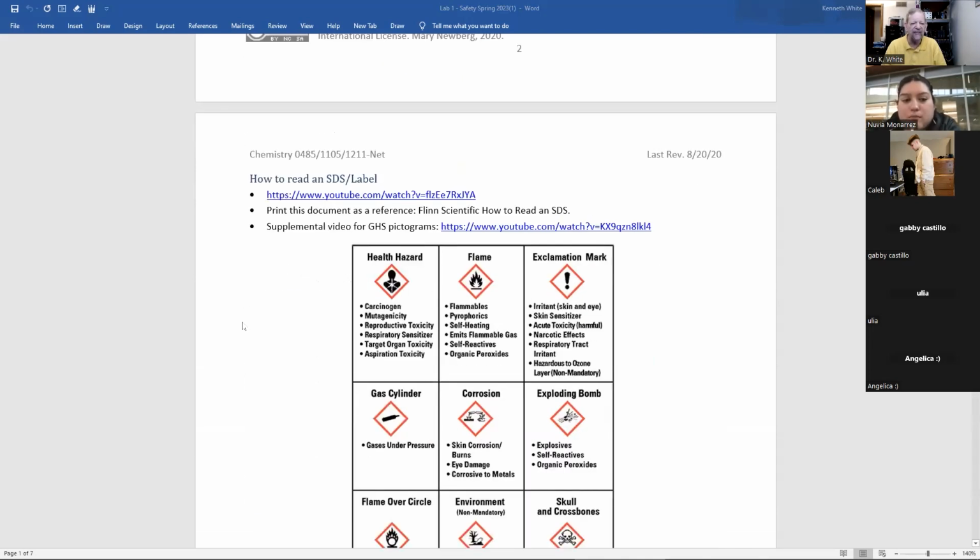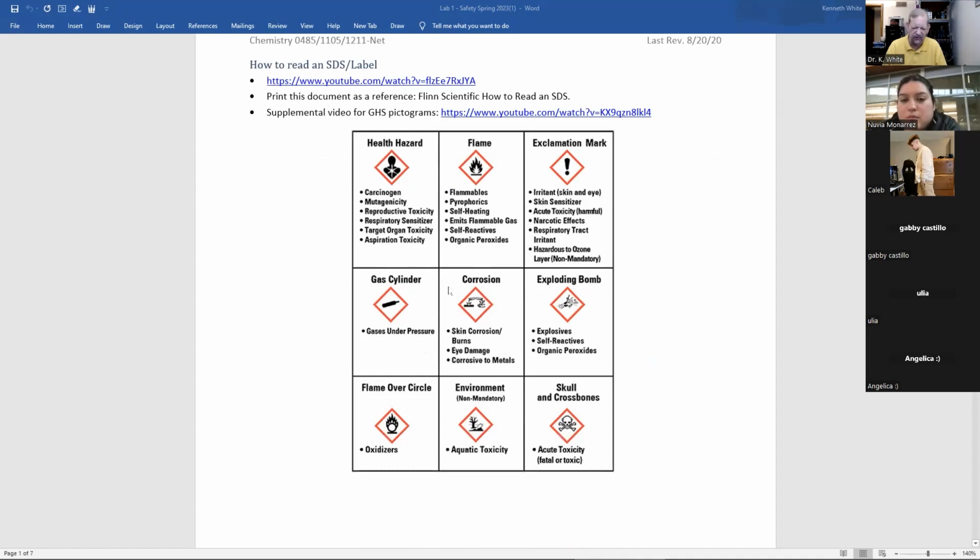Now, here we have the different labels that you can find on the SDS. I also use the old term, which is MSDS. SDS is Safety Data Sheet. MSDS is Material Safety Data Sheet. I went through these already.